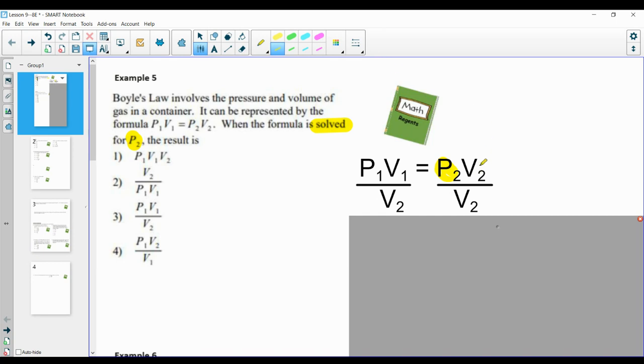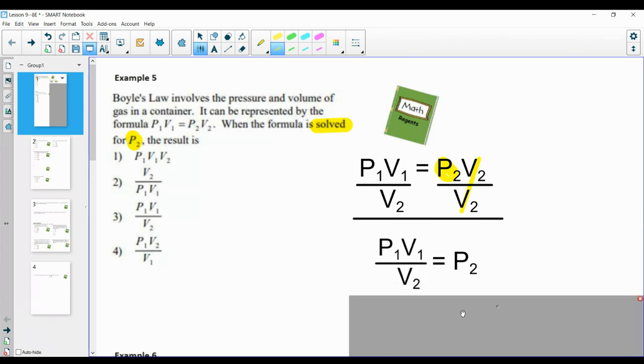By dividing both sides, these two would divide out to be a 1, and I would be left with my answer of P sub 2 equals P sub 1, V sub 1 all over V sub 2, which would be answer choice 3.